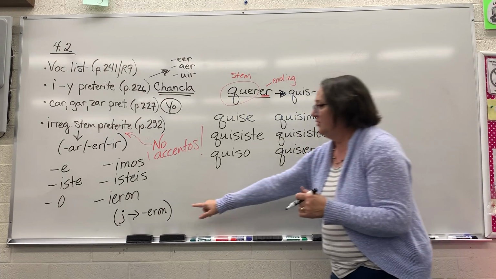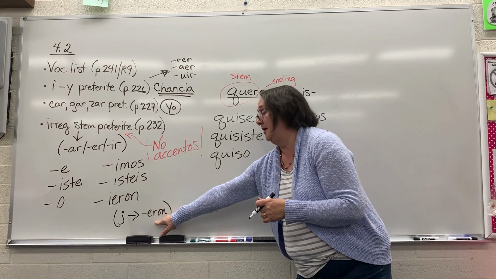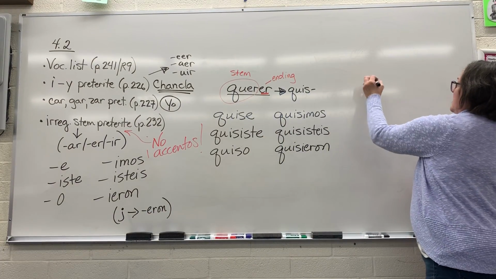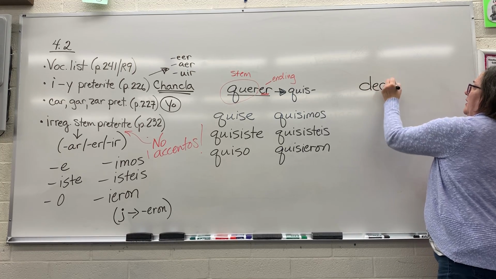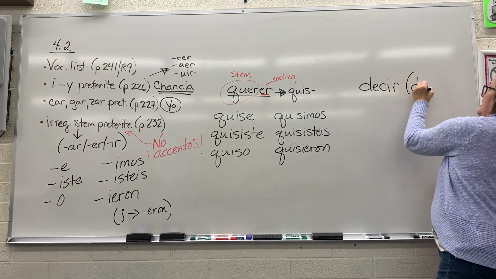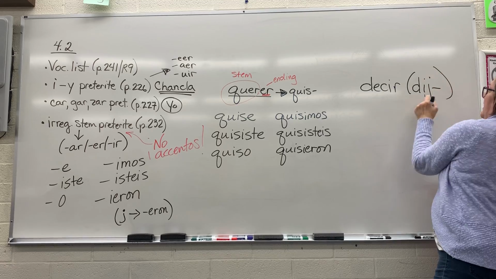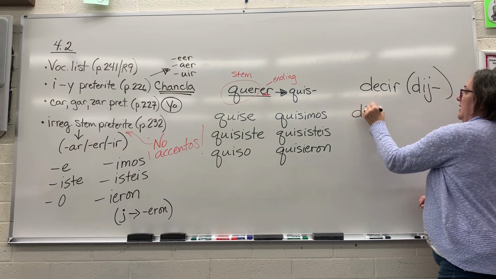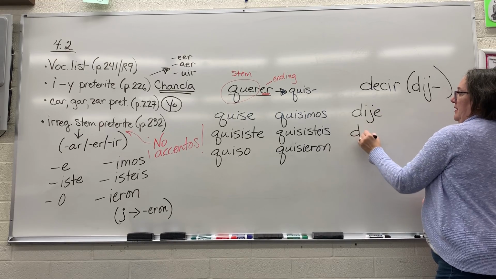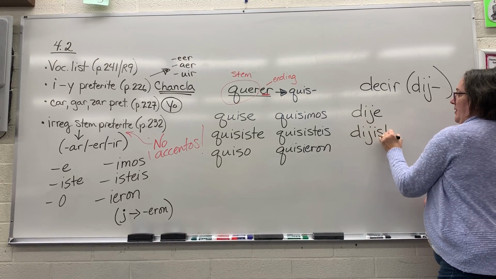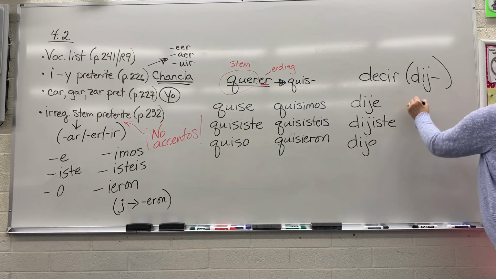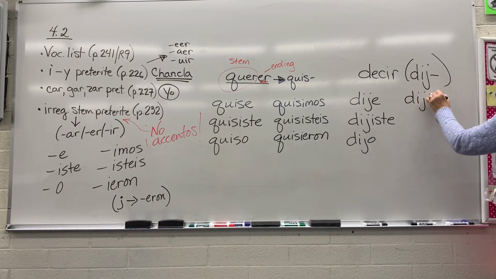All right, I wanted to show you one of these where we have that J, so you know what I'm talking about. We did one, I believe, earlier in the year. Decir goes dij. That's his stem, dij. So let's try it. Por favor. Dije, dijiste, dijo, dijimos.